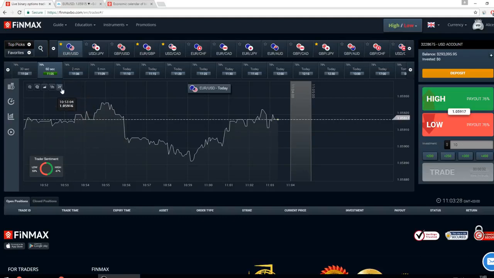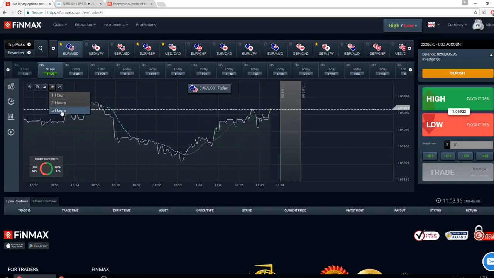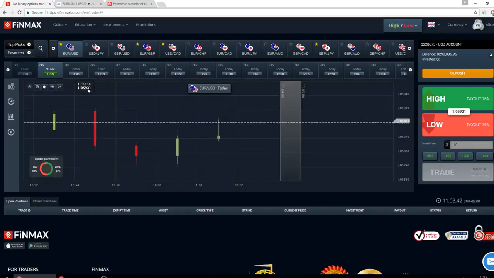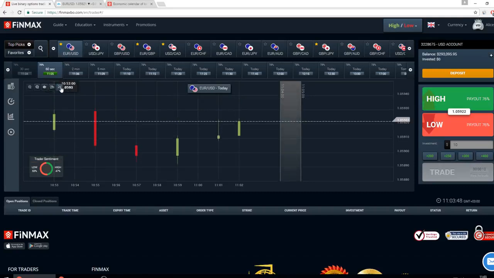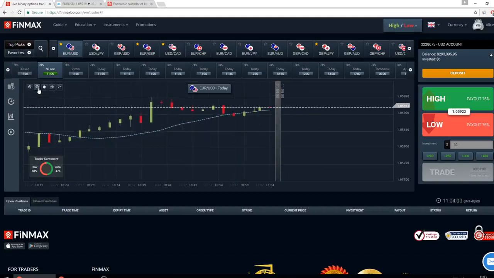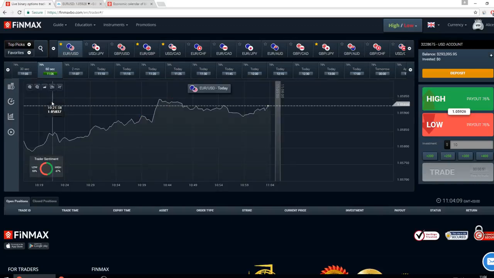At the Finmax platform, you can add this indicator to the chart. You can add this indicator based on the view that you're using to show you changes in price on the platform: candlestick, line view or area view, depends on you.